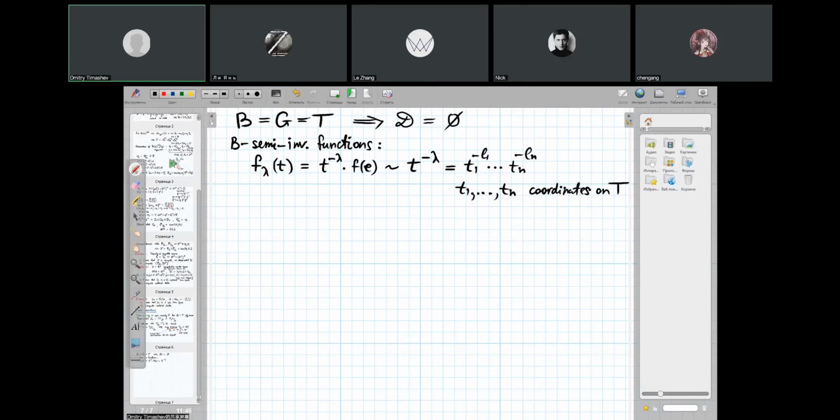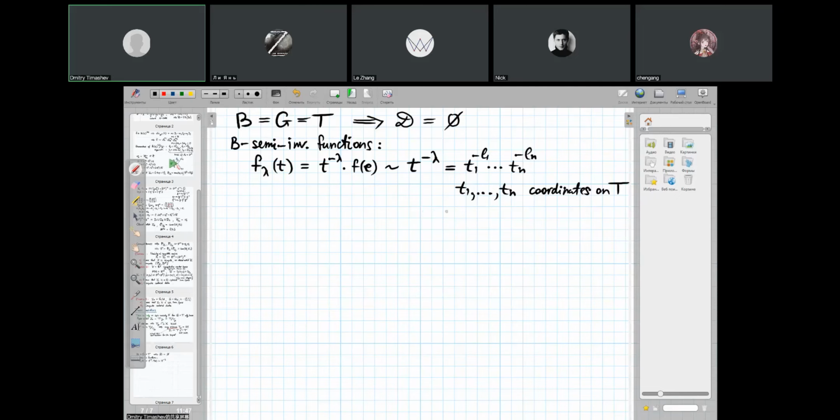And all characters are just Laurent monomials in these coordinates. So these exponents are just coefficients in the decomposition of the character lambda in terms of basis characters.